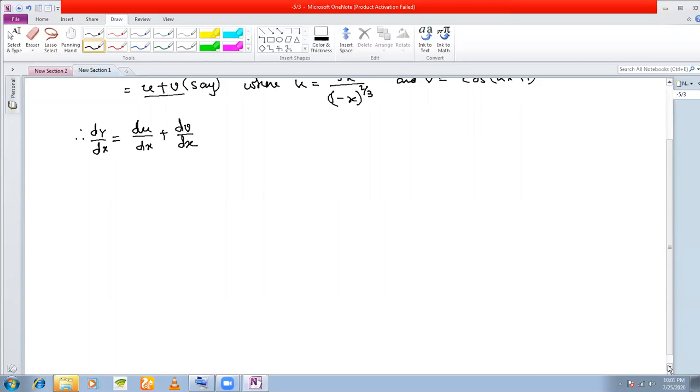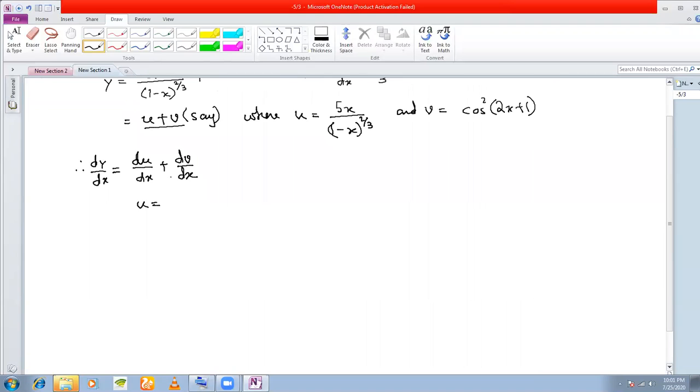Now we proceed to find du dx. So we have u is equal to 5x by 1 minus x to the power of 2/3. Now see again, if you use another variable, there will be many variables. So I prefer to differentiate directly.